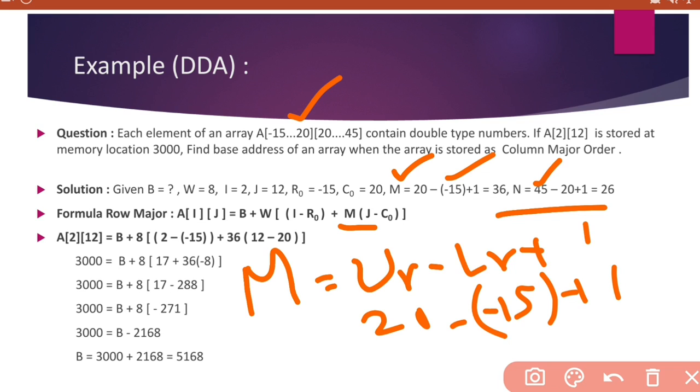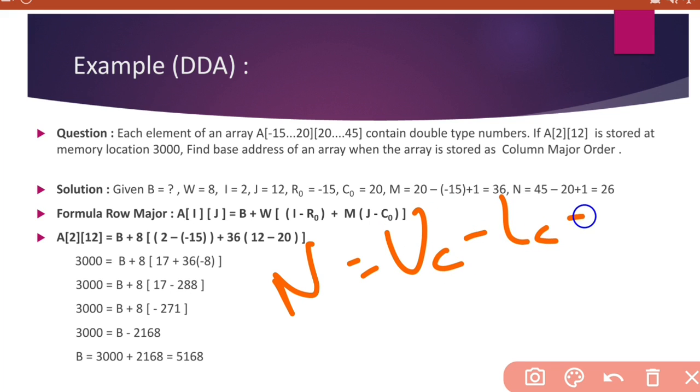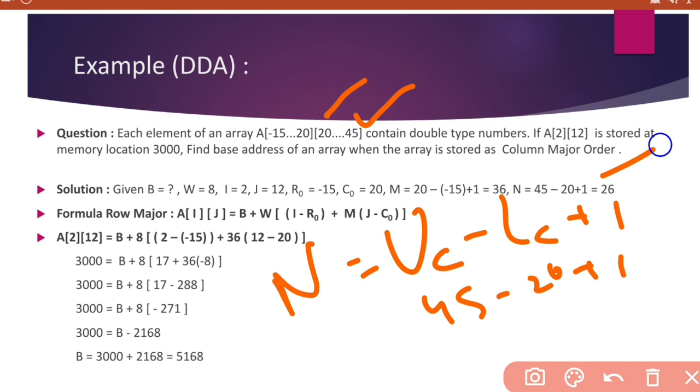We are getting 36. And in N, the same thing we have to do. N is equal to upper column minus lower column plus 1, means 45 minus 20 plus 1, because 45 is here, 20 is here, we are getting 26.